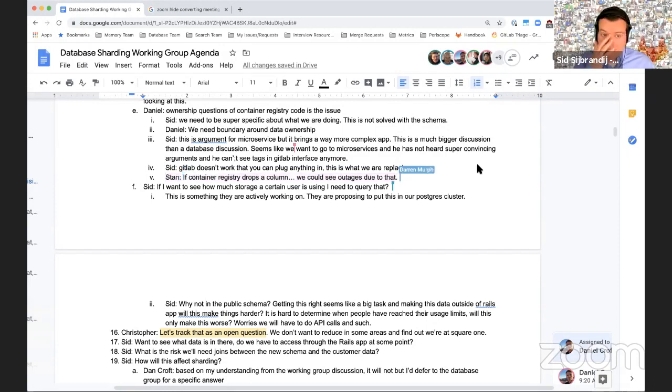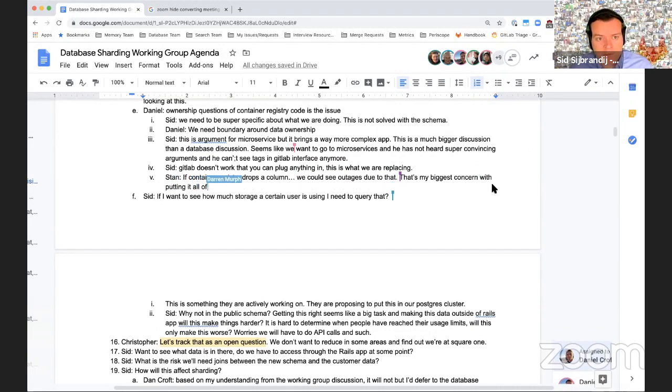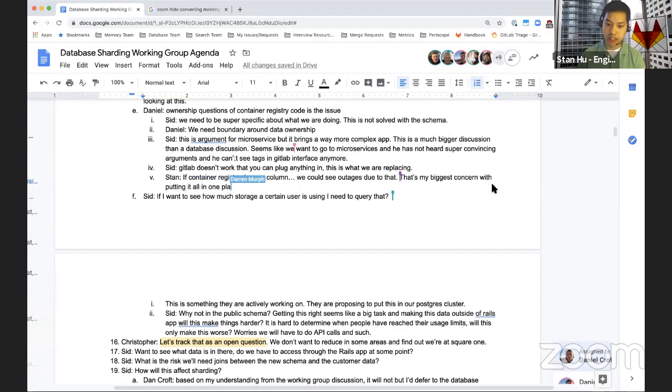So you're afraid of the container registry application inadvertently modifying the schema. Well, it may. I mean, if we're saying the container registry is going to change the schema, and the Rails application knows about that, then there's going to be a world of outages as a result of those kinds of issues. So unless you make Rails own every table, then it gets a little tricky.